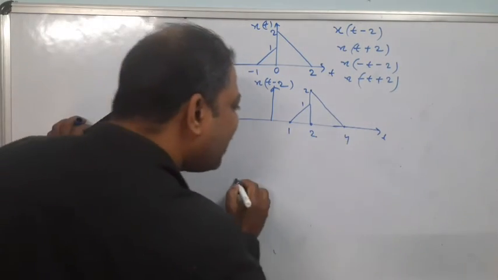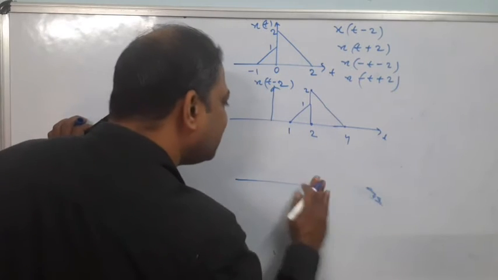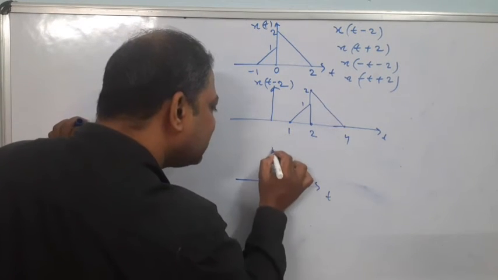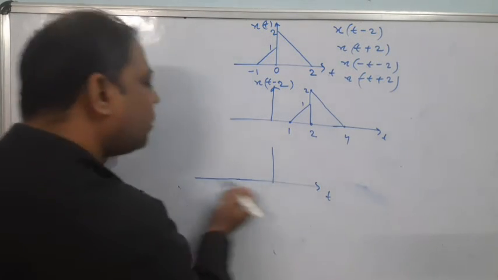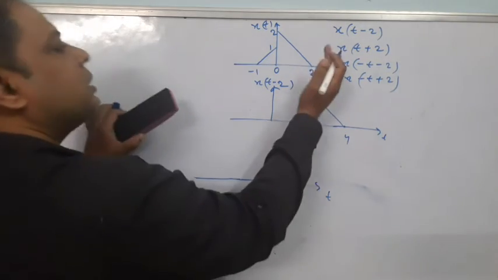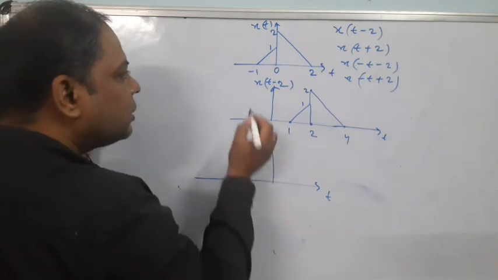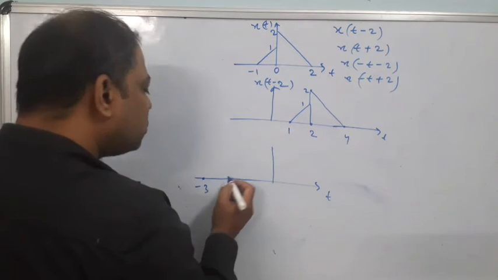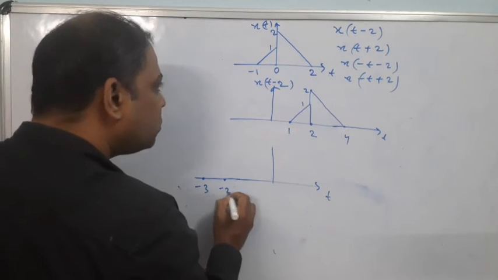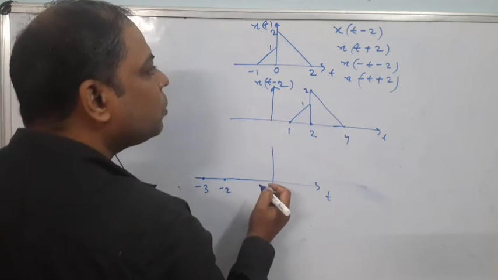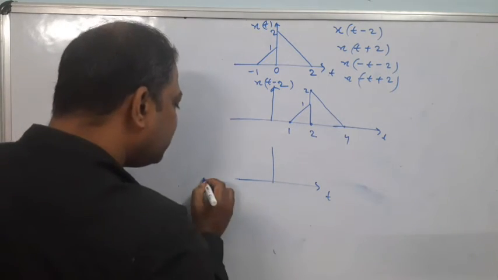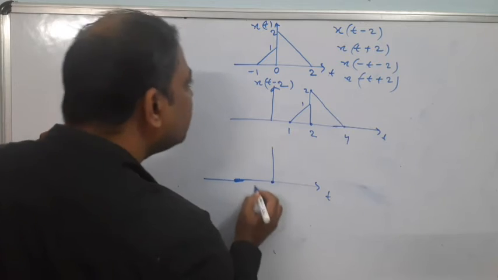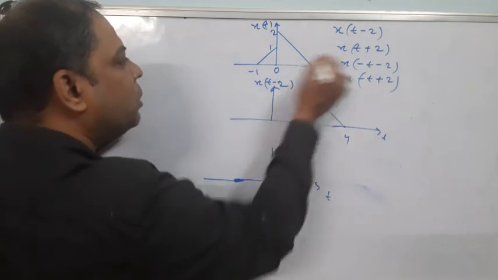Now in exactly the same manner you can shift the signal towards left. This is the time axis. For left shifting, I have made the left side bigger on the axis. So now we shift towards left by 2 units. That means -1, -2, -3. This will come at -3. 0 minus 2 is minus 2. This is -2. 2 minus 2, that is 0. Actually in this manner you just make 2 minus 2 is 0, -1 minus 2 is -3.